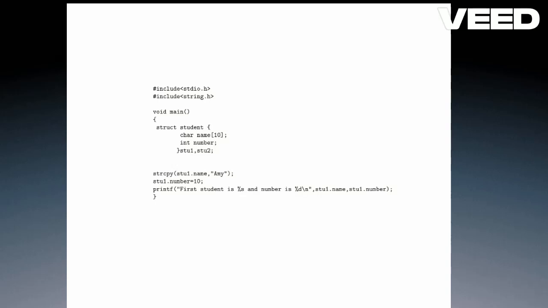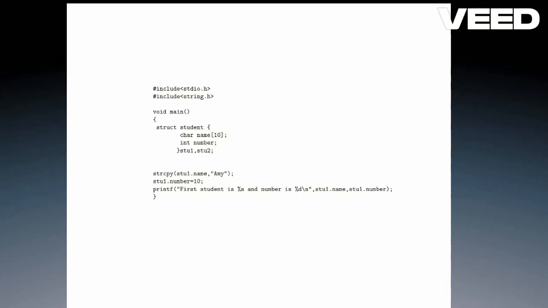One important thing to note here, that when you are directly allocating memory, to access a field of a structure, we use the dot operator. There is a dot between stu1 dot name, stu1 dot number. So this is the way to access a field of a structure from the name of the structure using the dot operator.